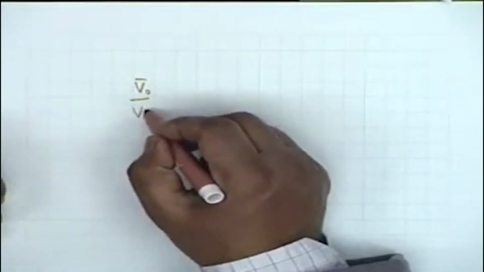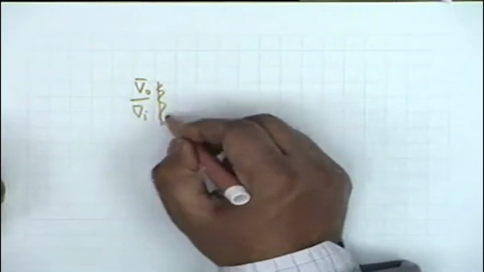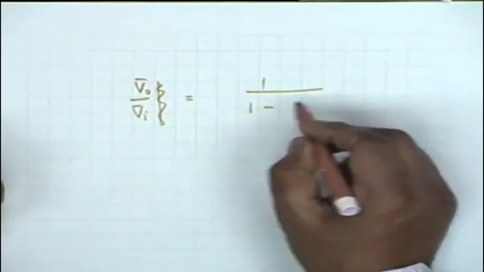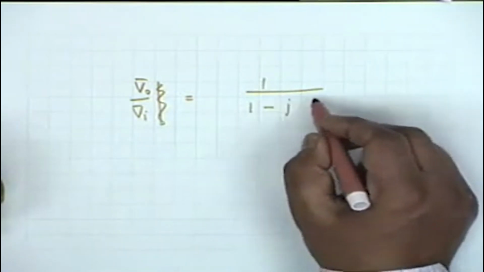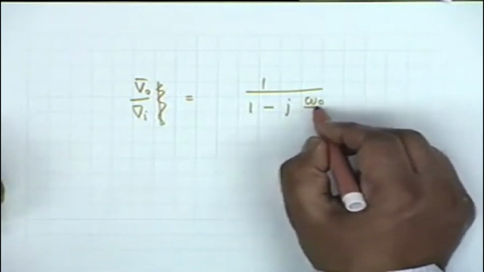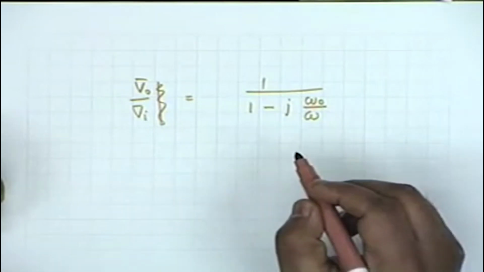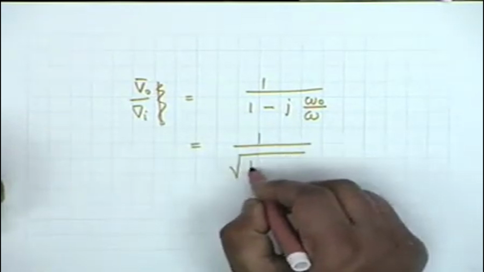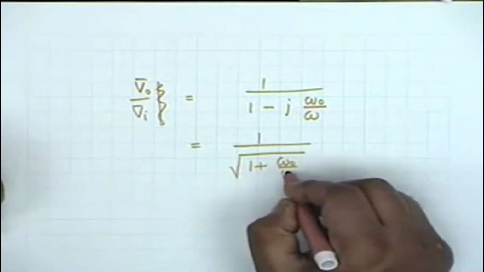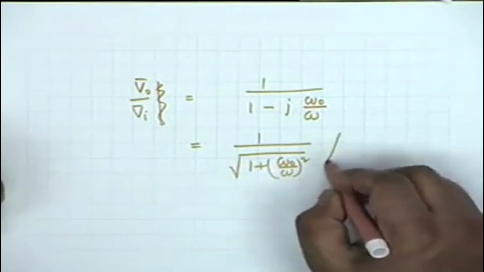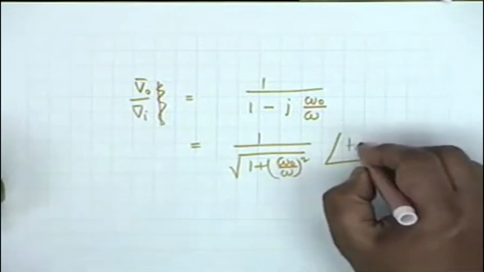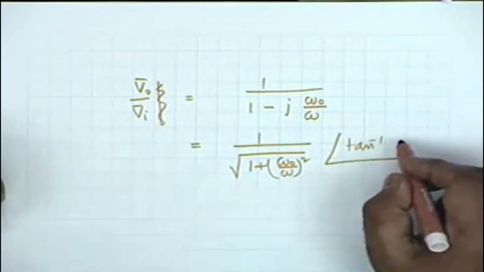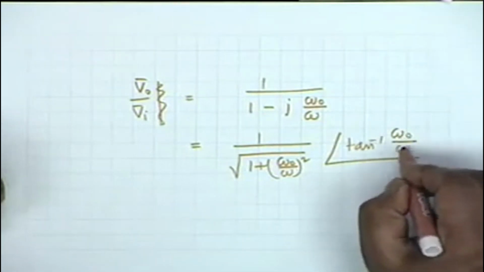V0 to Vi becomes equal to 1 by 1 minus j omega 0 divided by omega, and so the magnitude becomes 1 over square root of 1 plus omega 0 by omega whole squared, and the angle becomes tan inverse of plus omega 0 divided by omega.